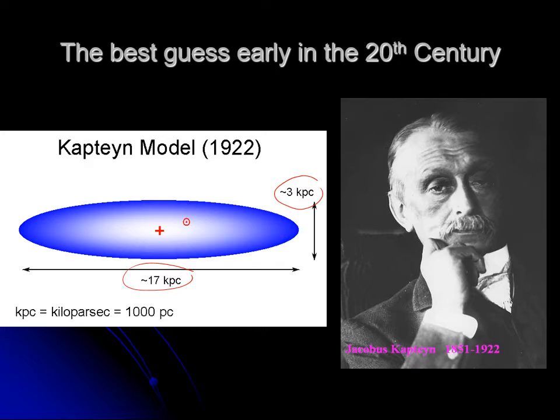His estimate was that the sun was close to the middle of it. That's what most astronomers thought towards the end of the 19th century, beginning of the 20th century.